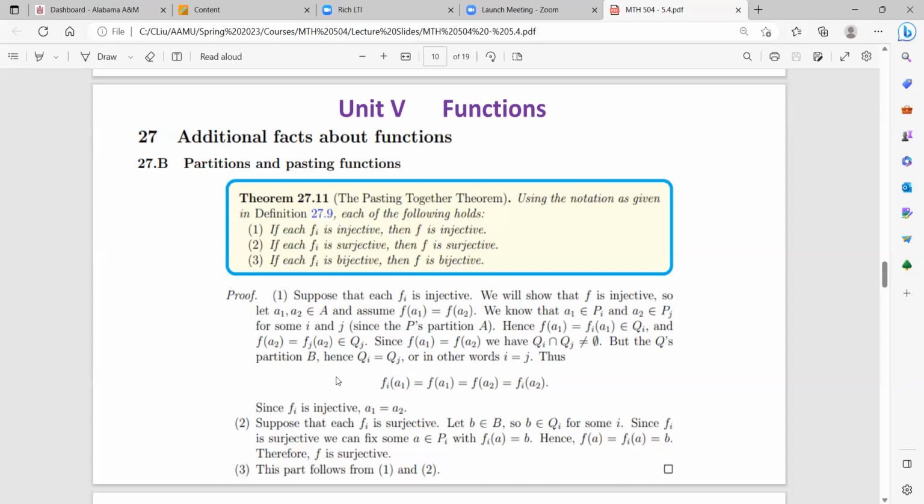The second part says, if each f_i is surjective, then f is surjective. This is also easy to show.